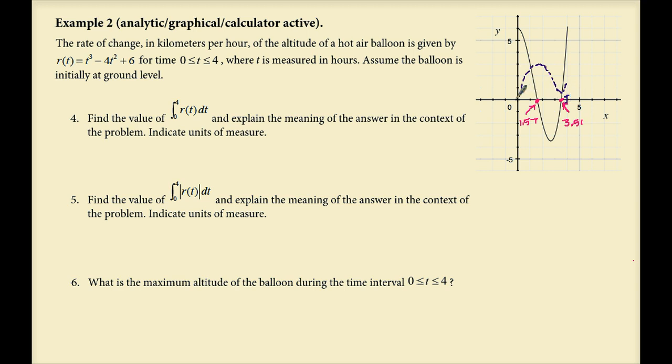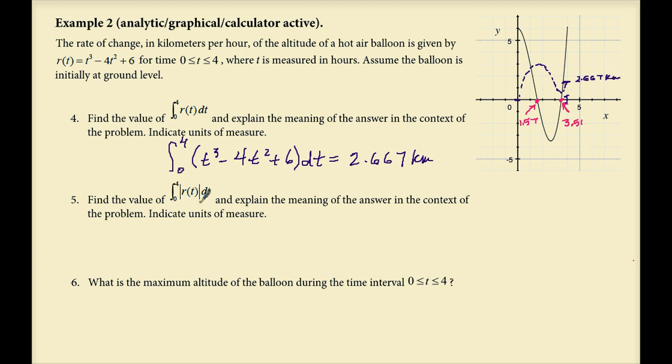So what was the net displacement between 0 and wherever it was at 4 hours? That is the value of this integral. We'll use our calculators to integrate and find net change in position. From 0 to 4, t cubed minus 4t squared plus 6 dt is 2.667 kilometers. So at hour 4, our balloon was at 2.667 kilometers.